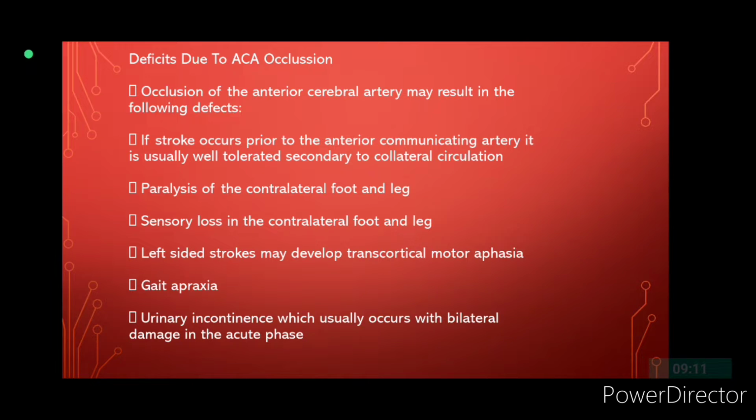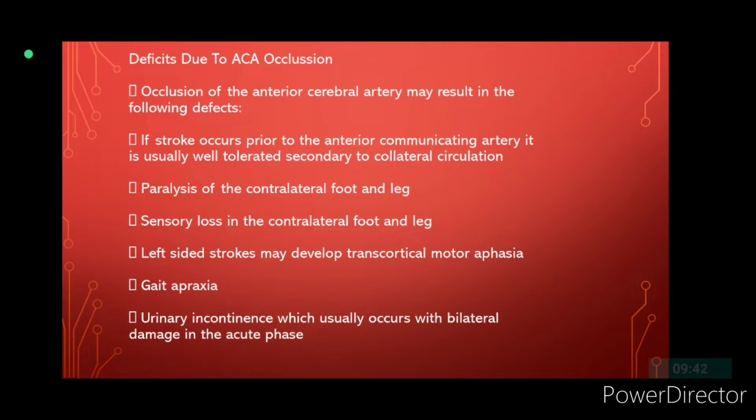Occlusion of the anterior cerebral artery, ACA, may result in the following defects. First point: if stroke occurs prior to the anterior communicating artery, it is usually well tolerated, secondary to collateral circulation.